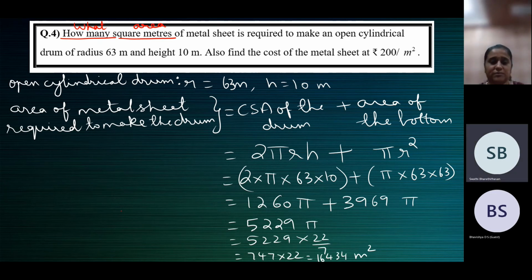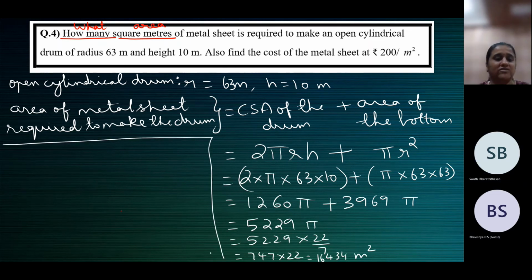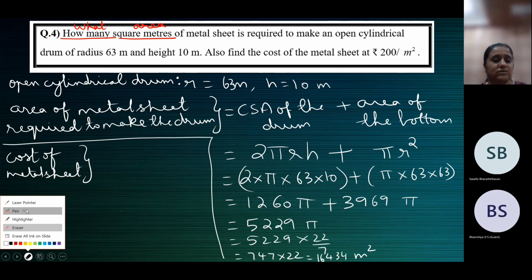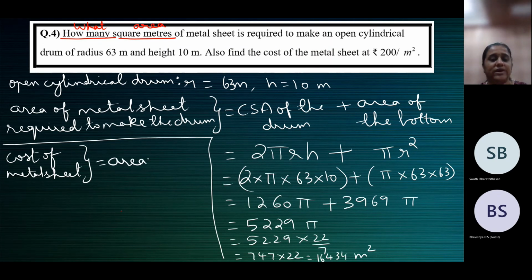That is 32 lakh 86,800 rupees. I'll just work it here, children. The next step, cost of metal sheet is equal to area into rate per meter square.